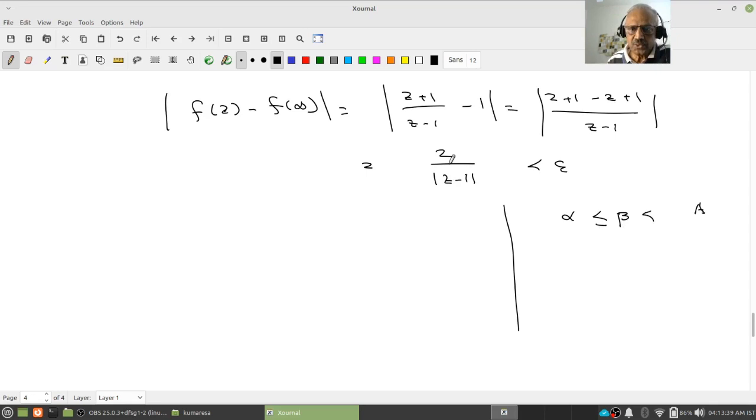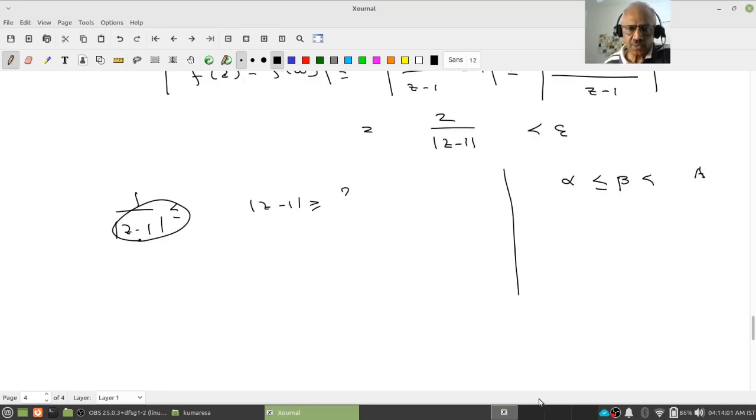Therefore, 2 upon mod z minus 1, I want to say is less than or equal to something, a beta. That means for 1 upon mod z minus 1, I want an upper bound. Okay, that means I want a lower bound for mod z minus 1.